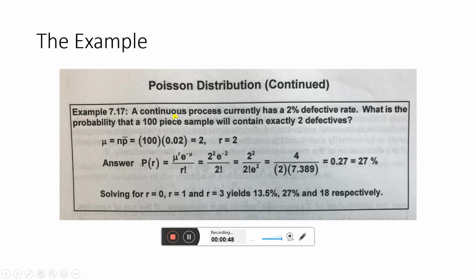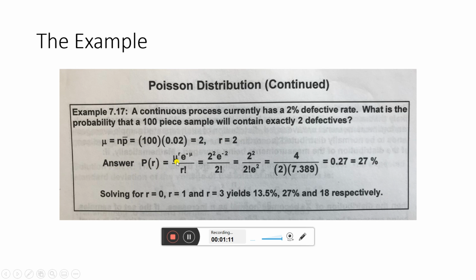So let's do the example. You've got a continuous process that has about 2% defective. What is the probability that a 100 piece sample contains exactly 2 defectives? So there's our average, n times p, 100 times 0.02, which is 2, and our point of interest is 2, right?